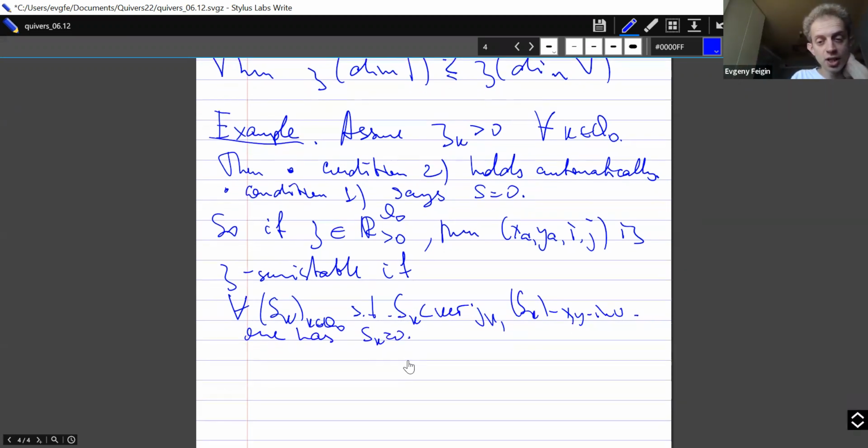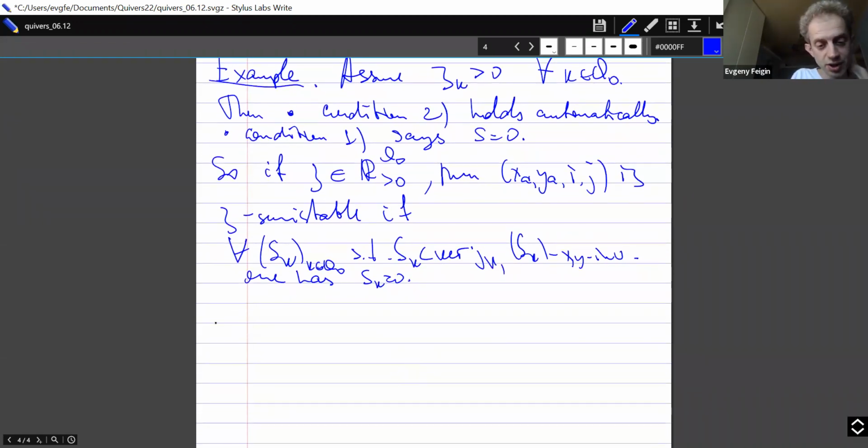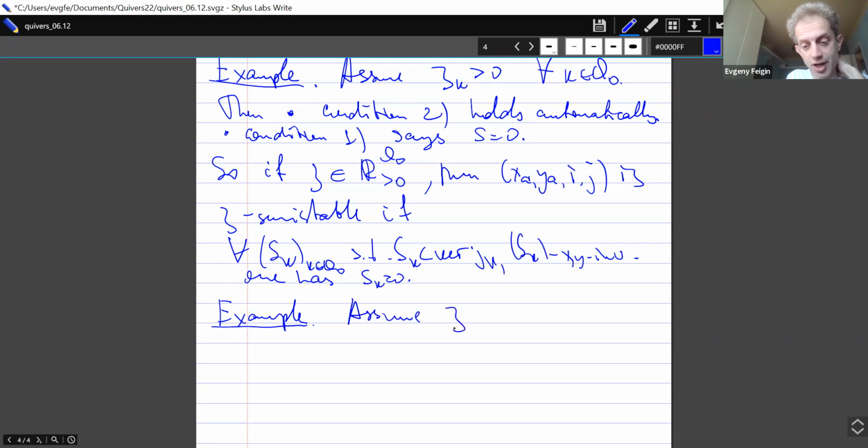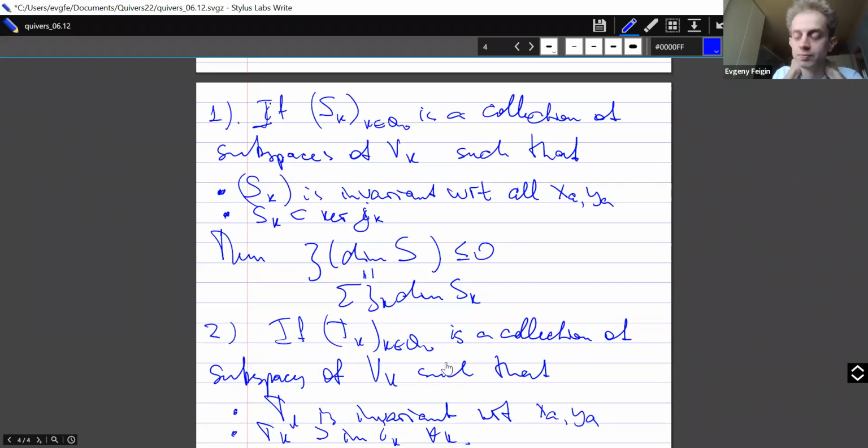So this is our condition, and we'll be working with this or a similar one. So assume now that we have an opposite condition, psi k is strictly negative for any k in Q0. So then what does the first condition say? What's the meaning of condition 1 on the subspace S?